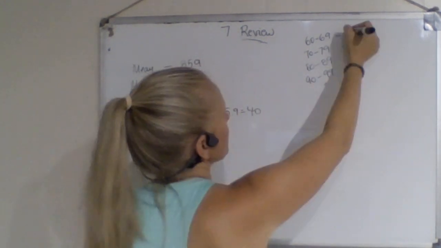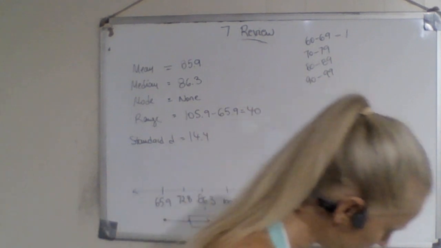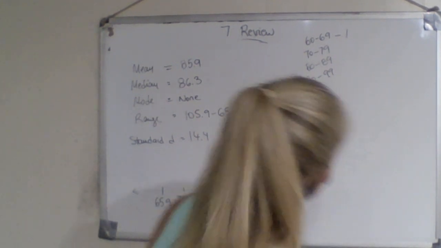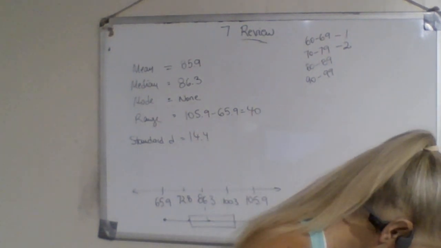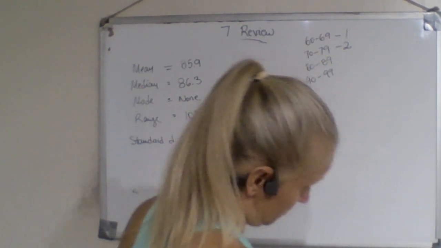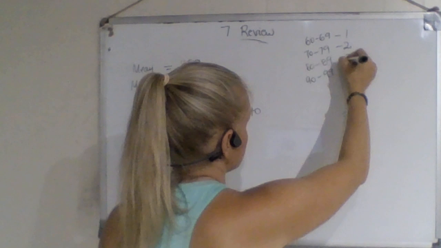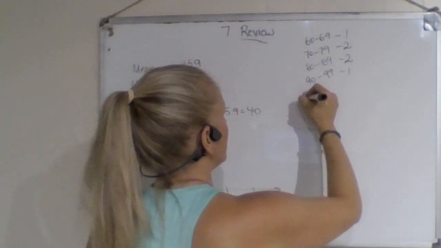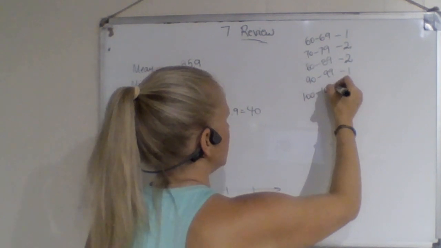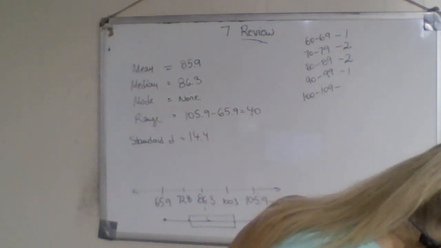Just one. How many numbers between 70 and 79? I have two. 80 to 89, 1, 2. Oh, we keep going. 90 to 99, just 1. 100 to 109, I have 1, 2, 3.